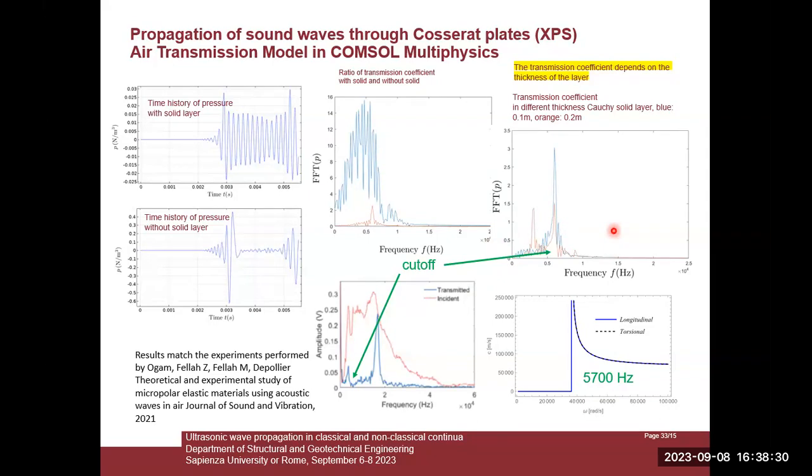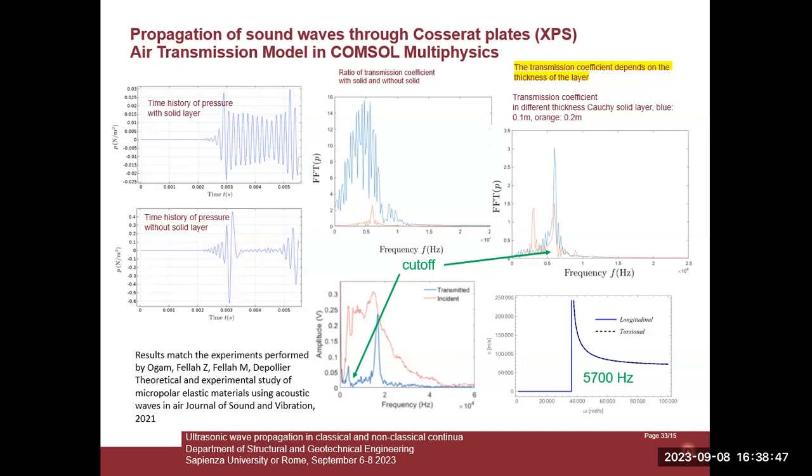Obviously, we noticed that the transmission coefficient depends on the thickness of the layer, but this is obvious, as every one of you can know from practical experience.